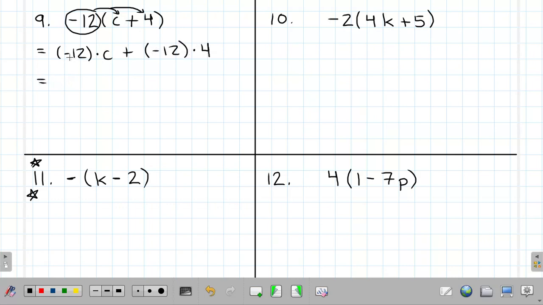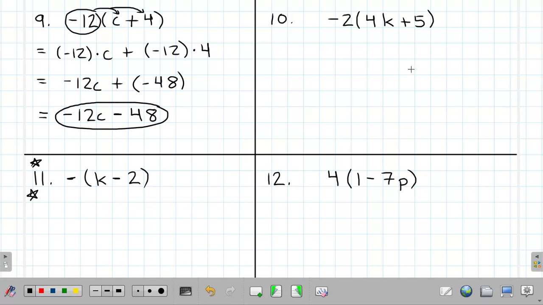So what we have here is negative 12c plus negative 12 times 4, that is negative 48. That's technically correct, but we want it in the most simple form. So instead of adding a negative, we can say negative 12c minus 48.